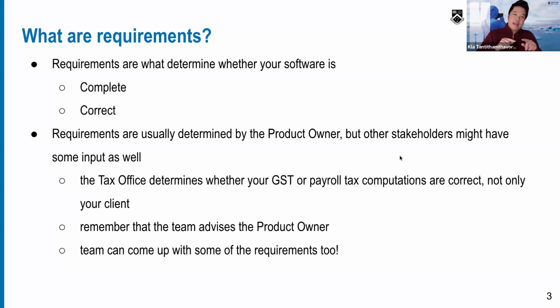In the agile setting, which I'm going to talk about next week in agile project management, we need to discuss and refine the backlog and the requirements together. The product backlog should not be only the product owner's responsibility, but the whole team's responsibility. So the team can come up with some of the requirements as well.